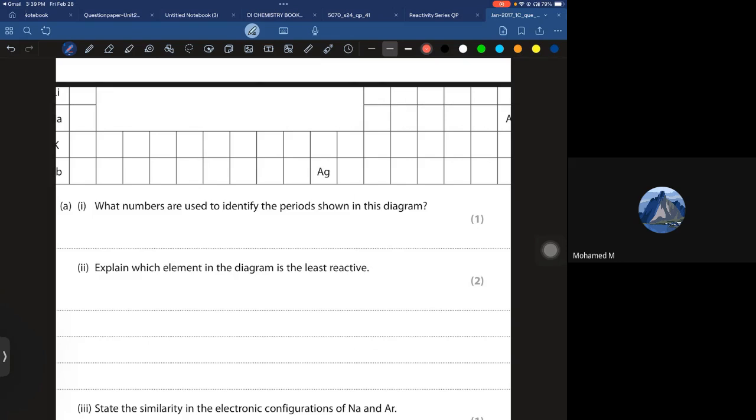Helium cannot have eight electrons. So you are supposed to write they have a complete outer shell rather than saying that they have eight electrons. So in short, argon is the least reactive, as we can see on the right-hand side of the periodic table, as it has a complete outer shell.